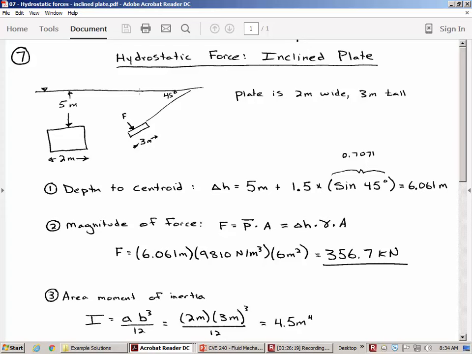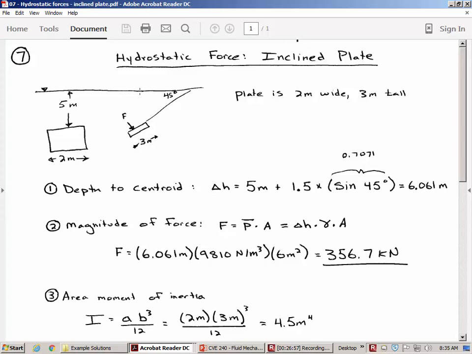No, so we're not doing the inclined distance. Let me draw this again right here. Okay. So here's the plate. Here's the centroid, and we know that this is 5 meters. Okay, we want to know how far is it here. This is delta H. And what I'm saying here is that delta H is 5, and then this distance is going to be 1.5 times the sine of 45 degrees.